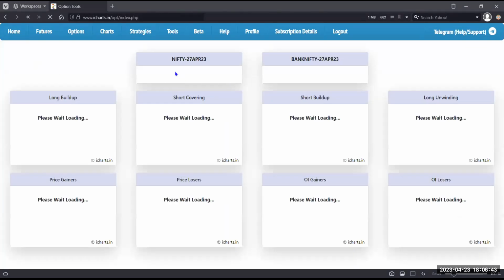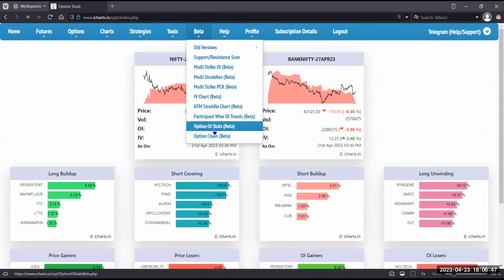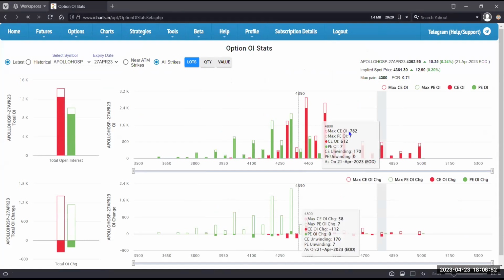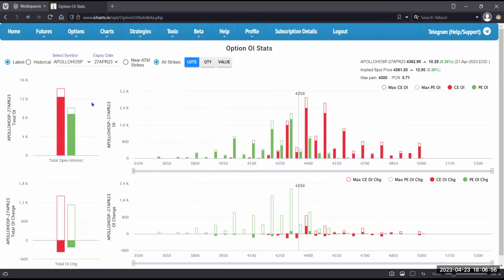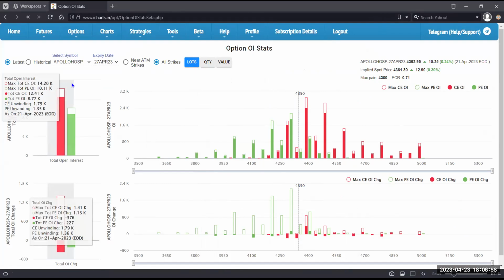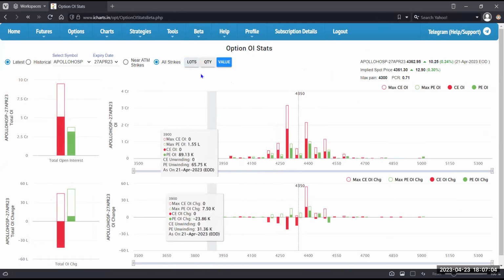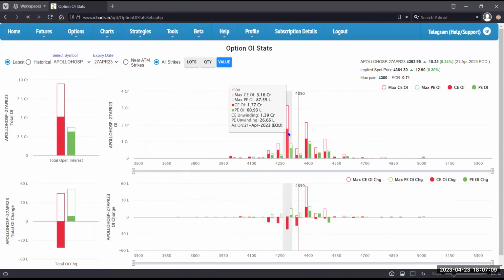Sir, what's the value tab up there on the OI change or OI stats? All this data that you are looking at, when lots is selected, is in terms of number of lots. If you click on quantity, it is quantity, and value will be the quantity into the LTP.